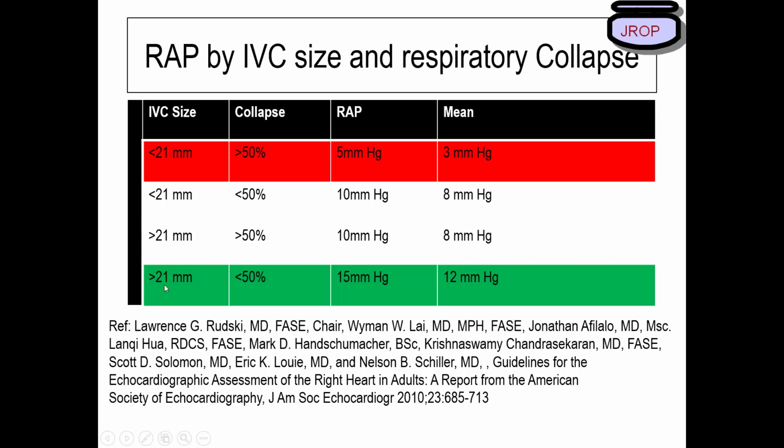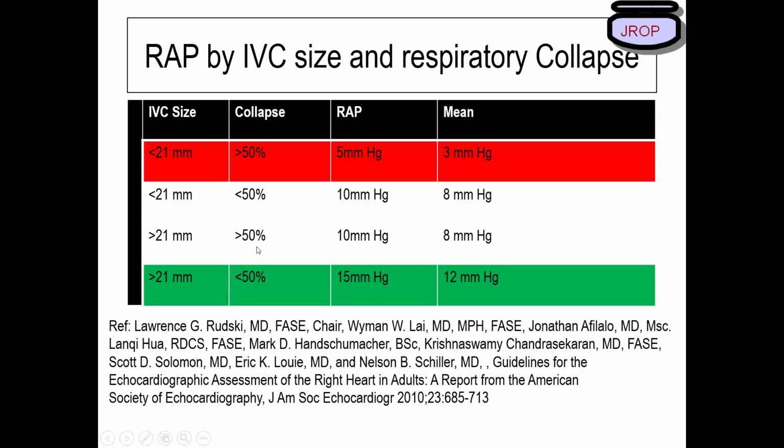If the size is more than 21 millimeters and the collapse is less than 50%, then RA pressure is 15 millimeters of mercury. So remember this value: less than 21, more than 50%, normal, 5. More than 21, less than 50%, it's 15.